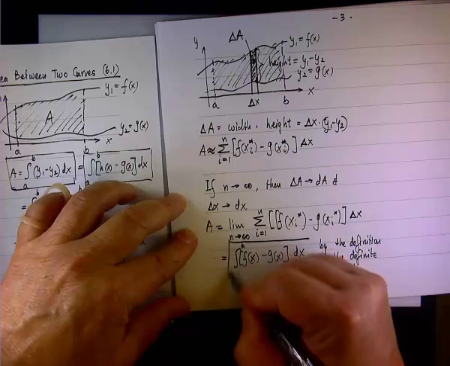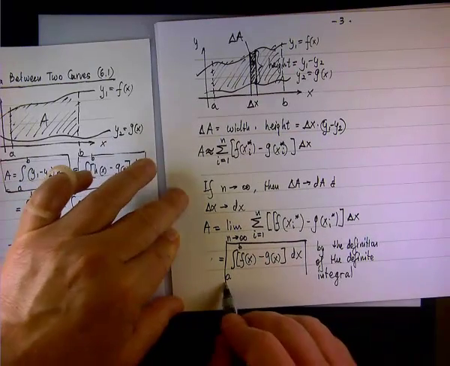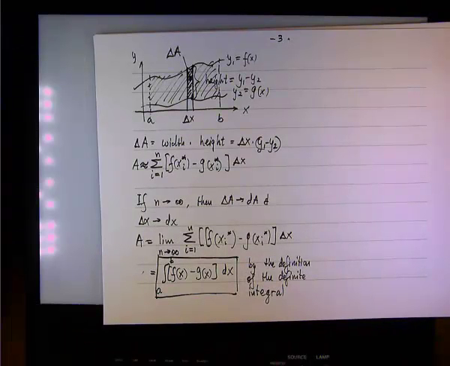So this is essentially a layman proof of the theorem, that is the area between curves.